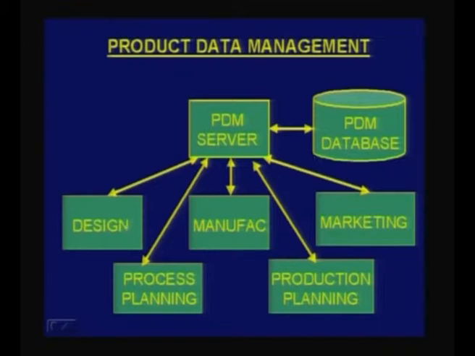If there are many departments in an organization, and all of them are concerned with the same product, somebody is designing, somebody is manufacturing, somebody is inspecting, somebody is preparing a process plan for it. And this design is continuously undergoing change. So, how do I tell others that the design has changed?